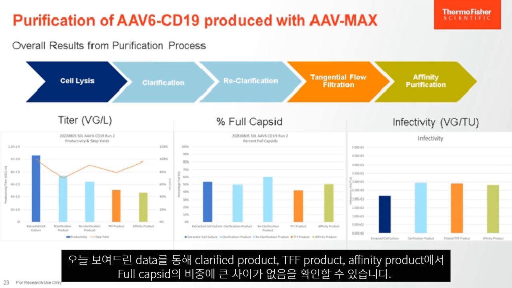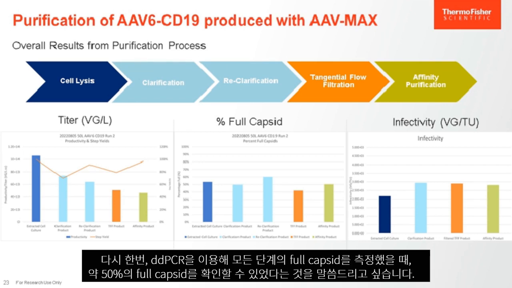Here you can see that there's not much of a difference in terms of the percent full capsid, as expected, from the extracted cell culture through the clarified product, the TFF, and the affinity product. But once again, we're seeing very nice percent full with this construct, approximately 50% full across all of these steps as measured by total capsid ELISA and ddPCR.